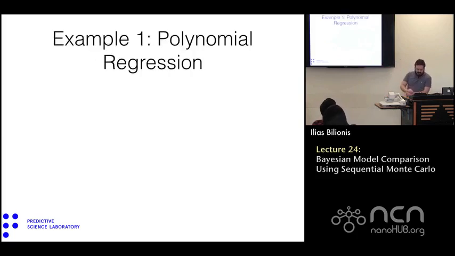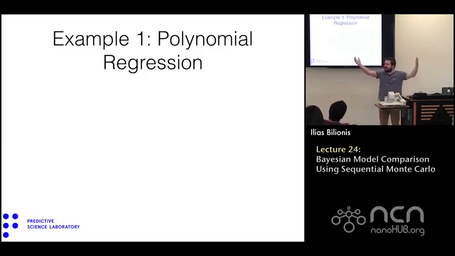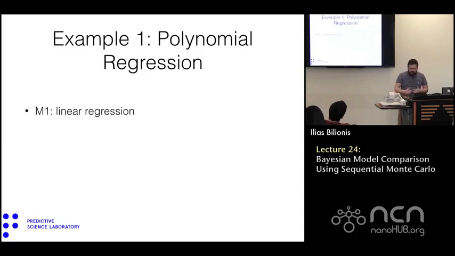Some examples. The first example I want to talk about is the example on the handout, polynomial regression. So you want to do regression between an x and a y. You want to learn a function of x, and you want to do that by using polynomial expansion. You could use polynomials of order 1, so you just do a linear regression, that's one model.